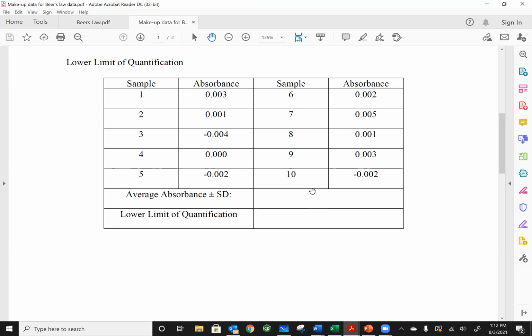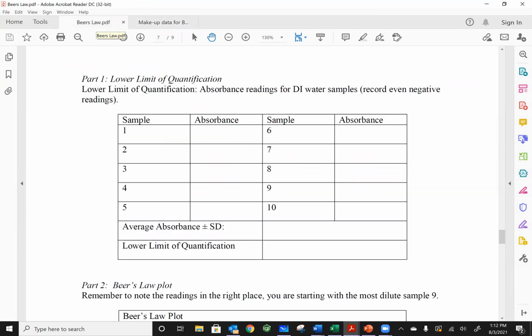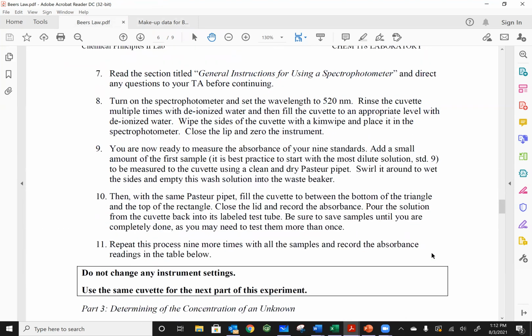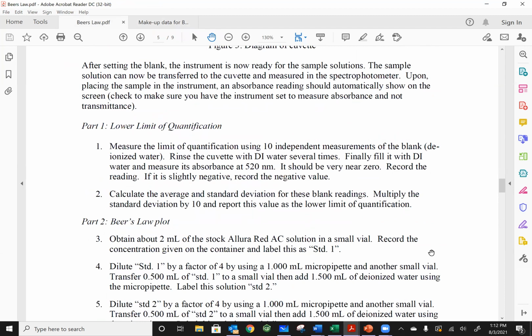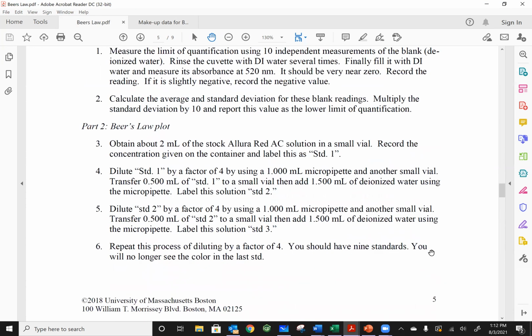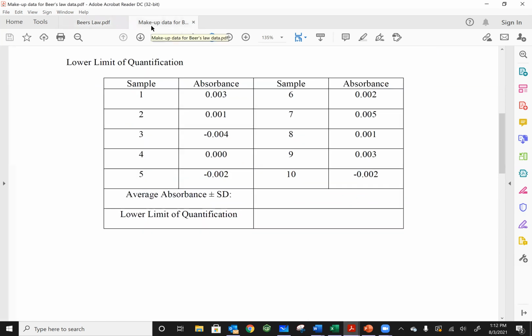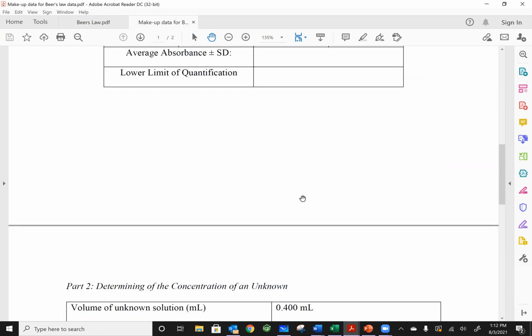Hold on one sec. Okay, so when you multiply the standard deviation by 10, that is your lower limit of quantification. So when you find the standard deviation of this data, multiply it by 10, and that's this here.